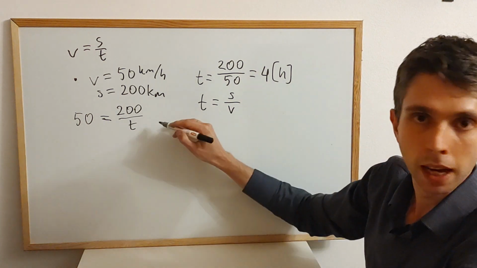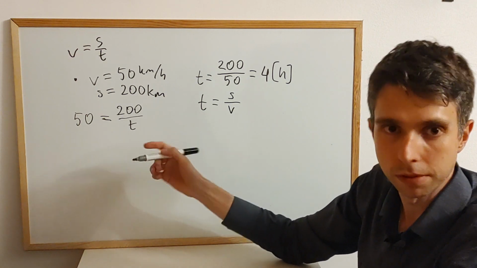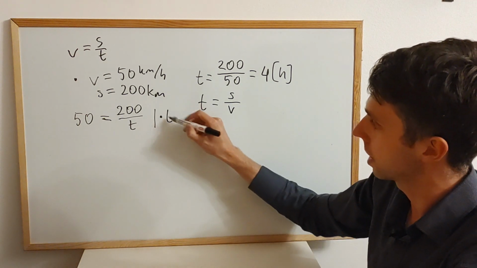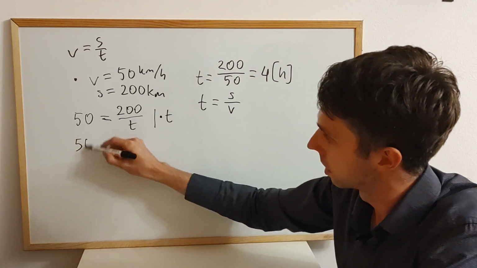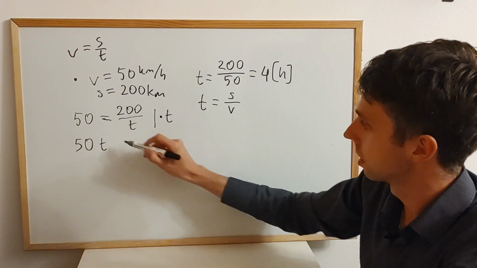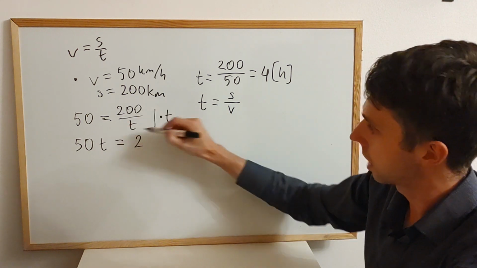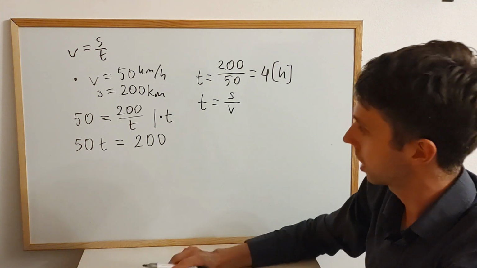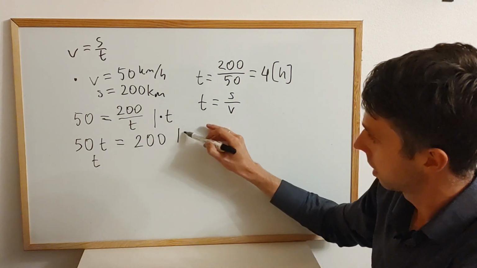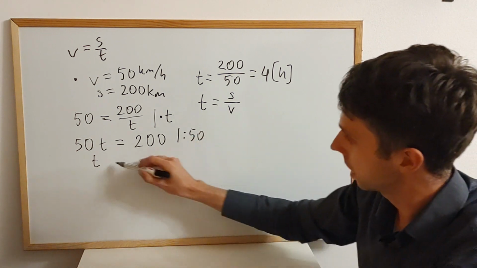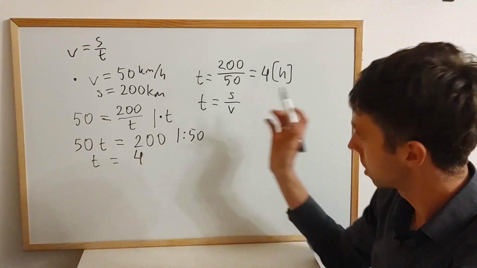So now it's an equation and t is the unknown. So I multiply by t. So I have 50 times t equals, again, t cancels out on the right hand side, so I have 200. So in order to calculate t, I divide by 50, so t is 200 divided by 50, so it's 4 hours again.